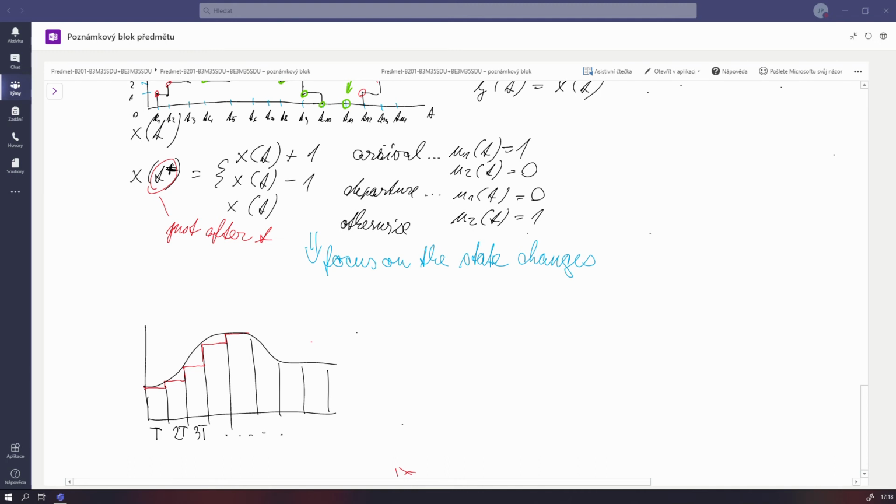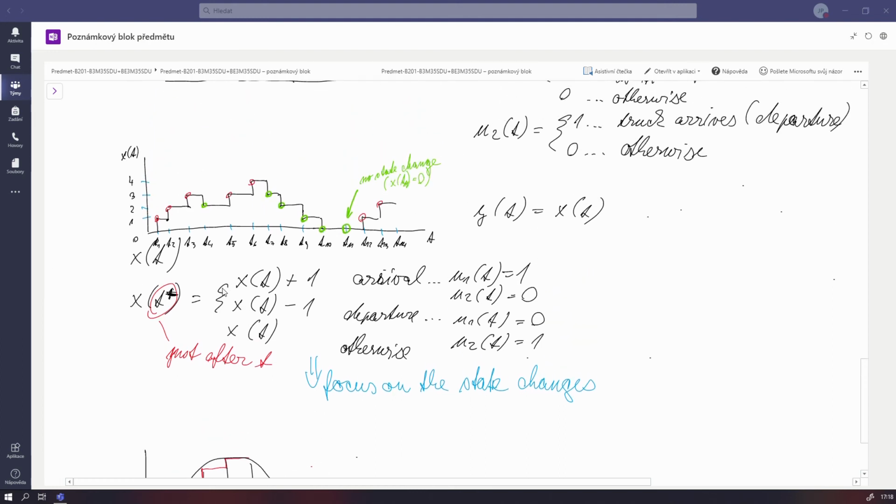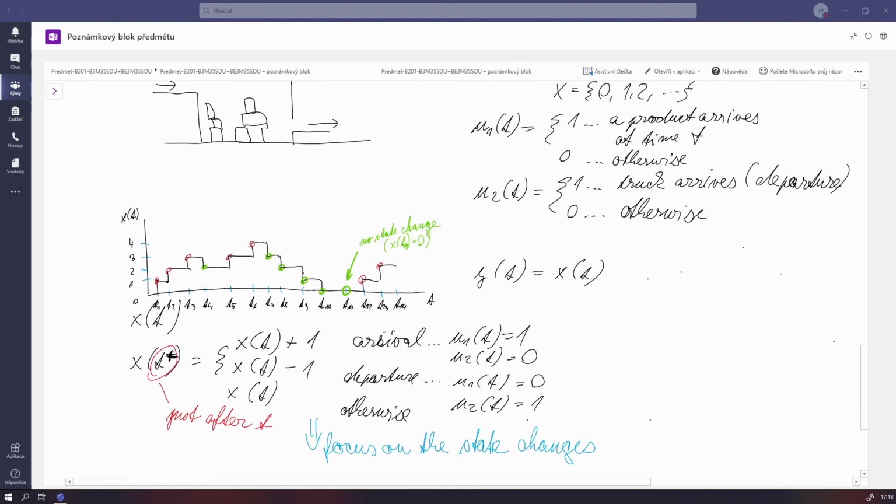So you can see the sample path from the warehouse. Can you? Yes. Okay, good.